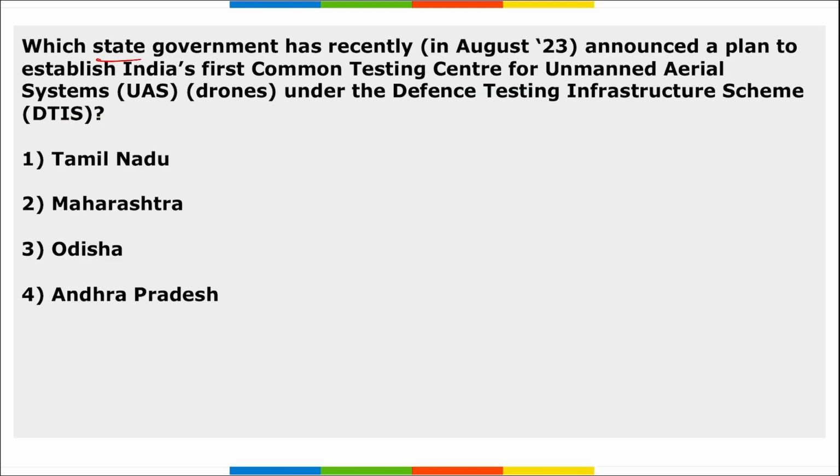Next, which state government has recently announced a plan to establish India's first common testing center for unmanned aerial systems, drones, under the drone testing infrastructure scheme? It is Tamil Nadu. Correct? So the Tamil Nadu state government has announced a plan to establish India's first common testing center for UAVs, that is your drones, unmanned aerial vehicles.